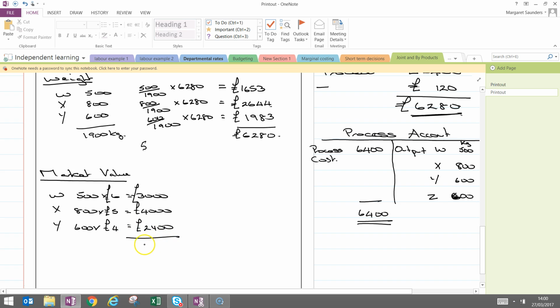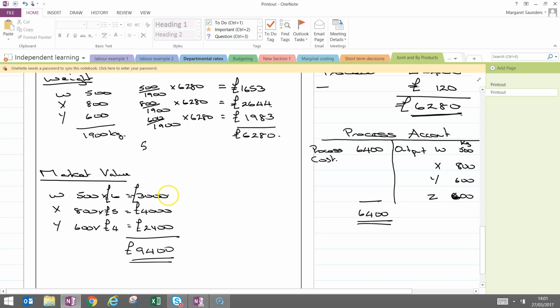So total it up, £9,400. So now the maths is the same as we did with weight. When we looked at the weight method, so for example for W, we looked at 500 kilos divided by the total of 1900 and then multiplied it by the cost. So same idea with the market value.